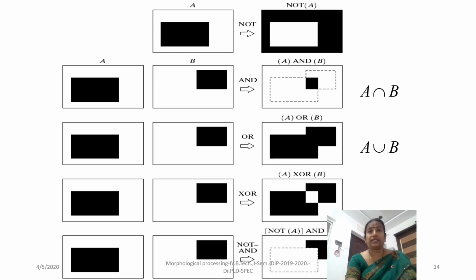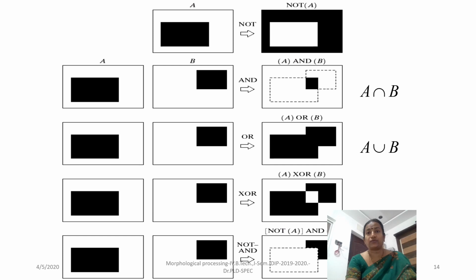Logical operations like NOT of A. A and B are two different images, and the AND operation of A and B is also A intersection B. The OR operation between these two is A OR B, which equals A union B. A XOR B is an XOR operation, which gives the opposite of the AND operation.